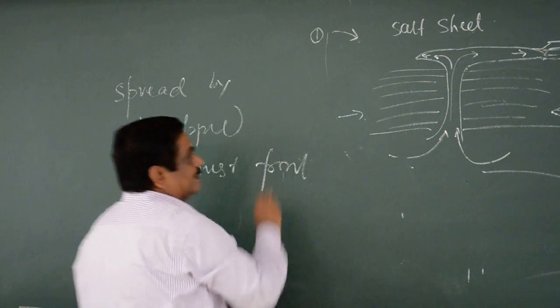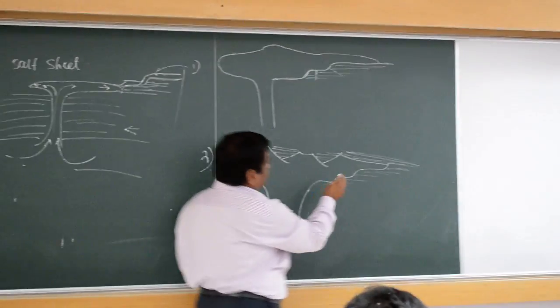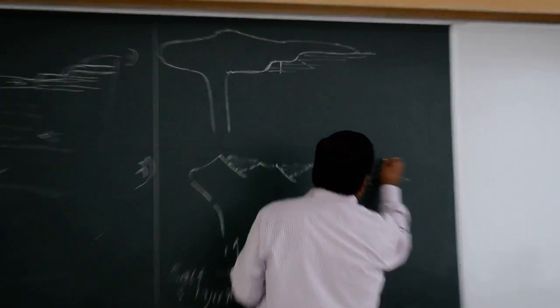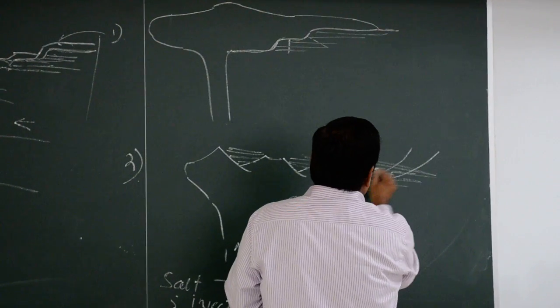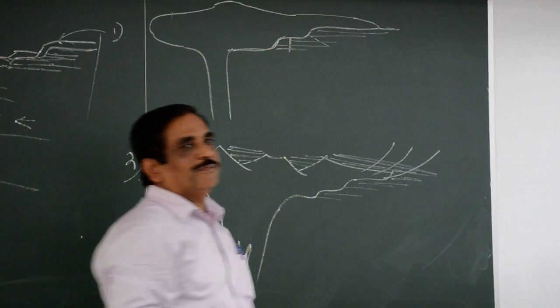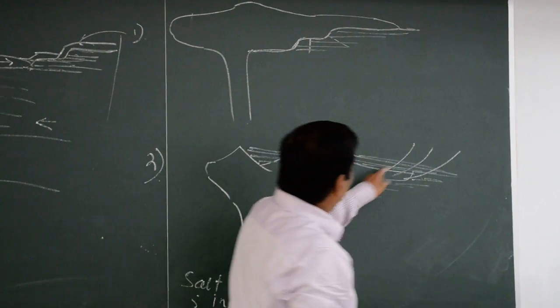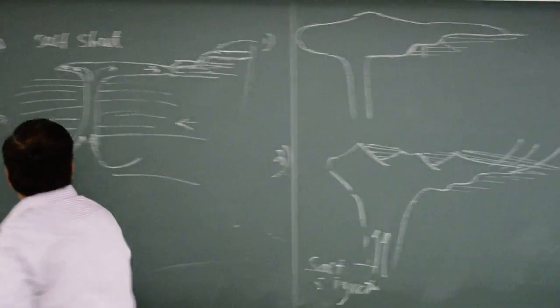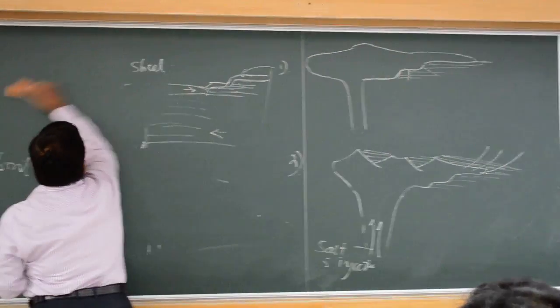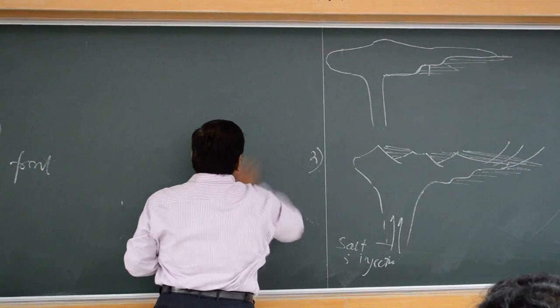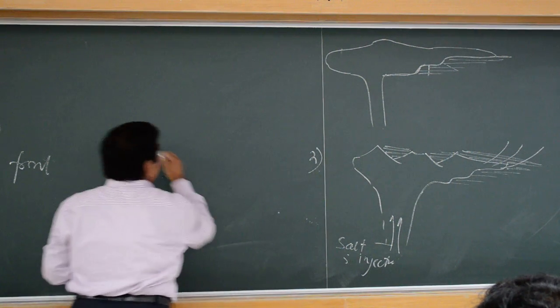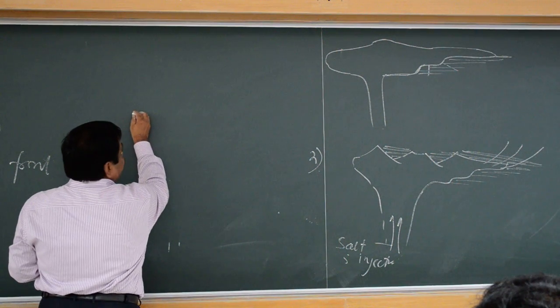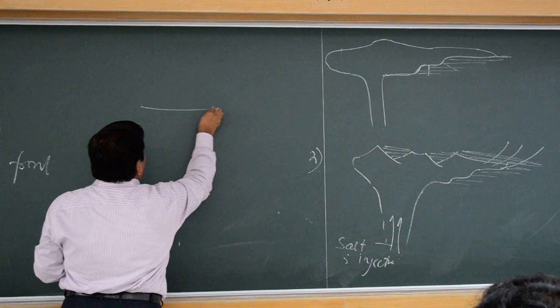Thrust fronts will develop. So through this thrust, things will go out. I will draw one more sketch, just to show. So depending on the amount of sediments and the spread of the salt sheet, it is something like this.